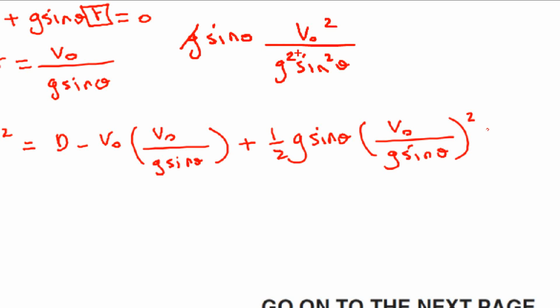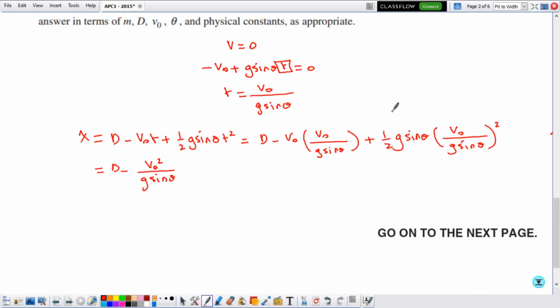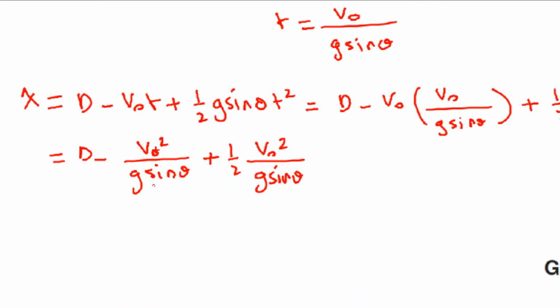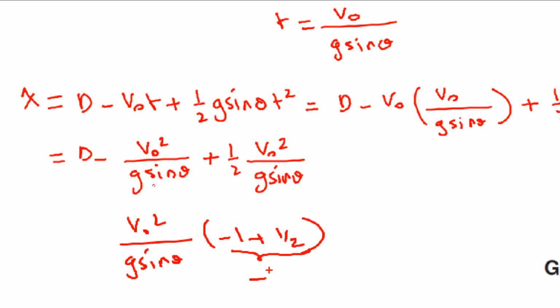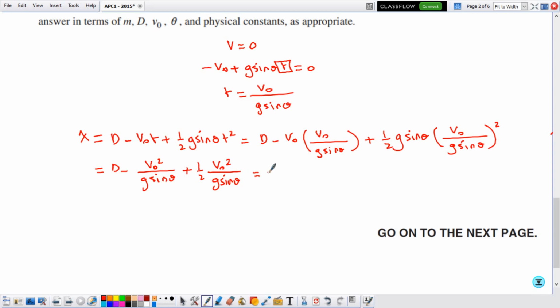So basically this will cancel with the power 2, and we're left with plus half v0 squared divided by g sine theta. And notice that here we can factor out v0 squared over g sine theta from both expressions. We're left with minus 1 plus half, and that would give us minus half, and this can be written as d minus half v0 squared divided by g sine theta.